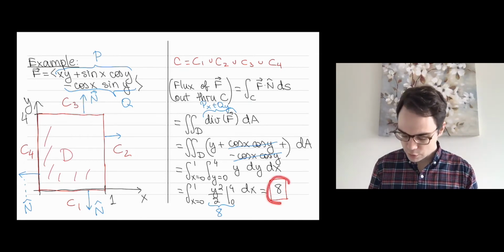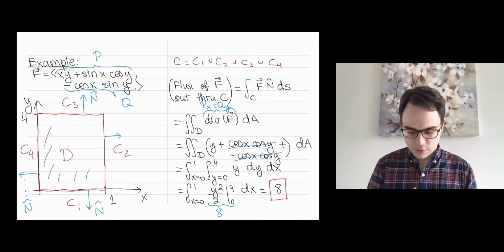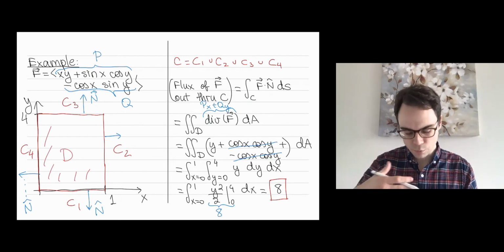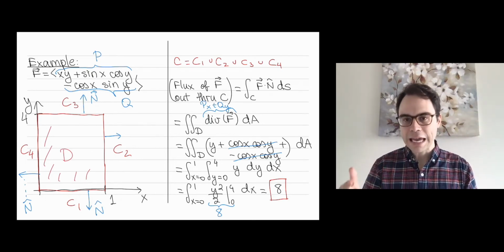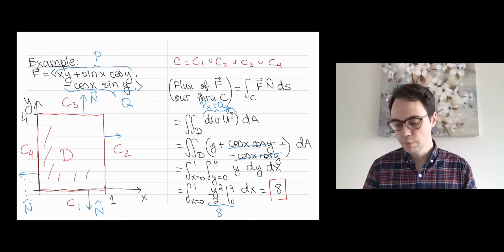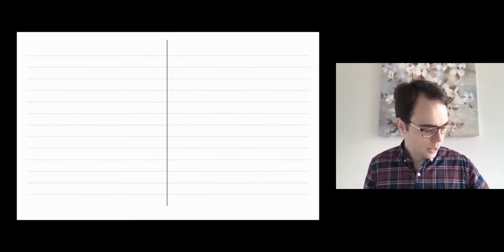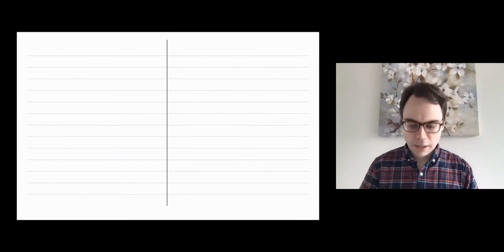So 8 meters squared per second. So the flux of f out of this rectangle is just 8 meters squared of fluid per second. Okay, let's now move on to the second part of the question.